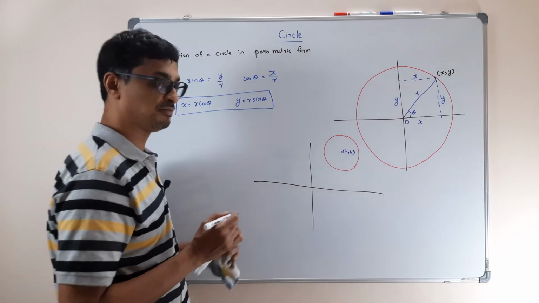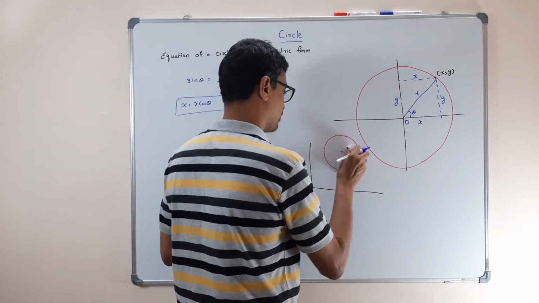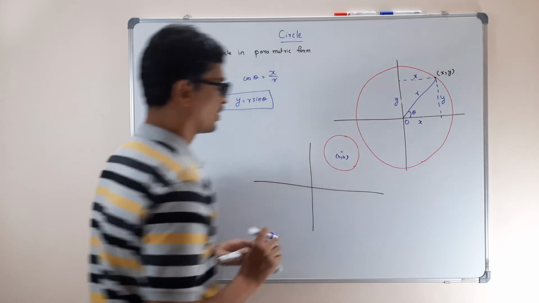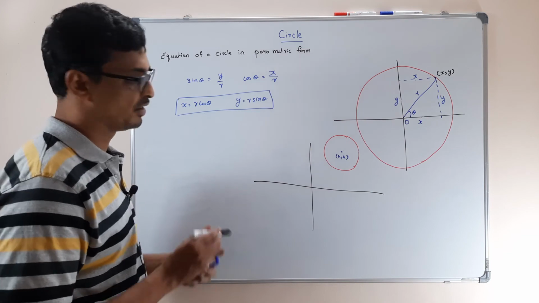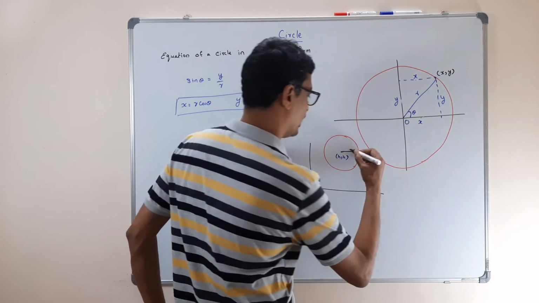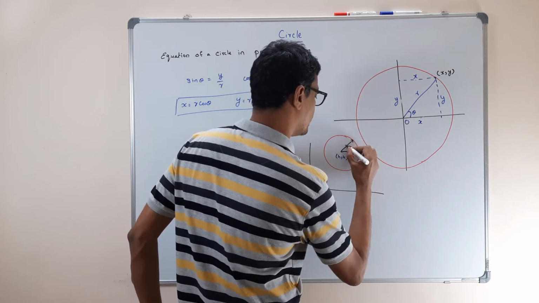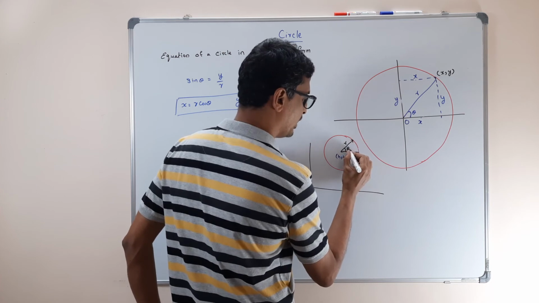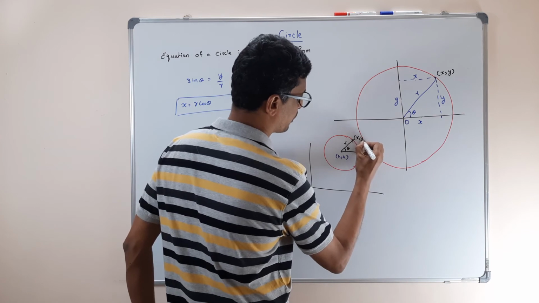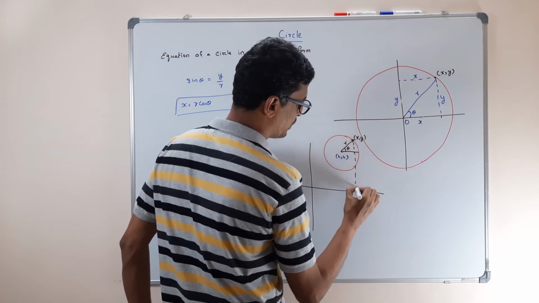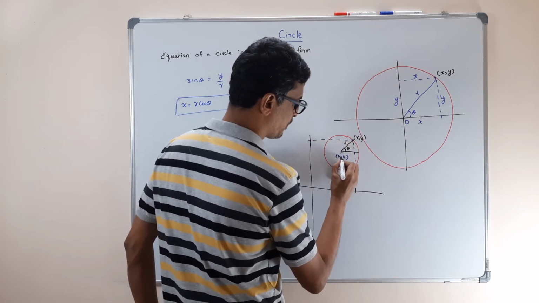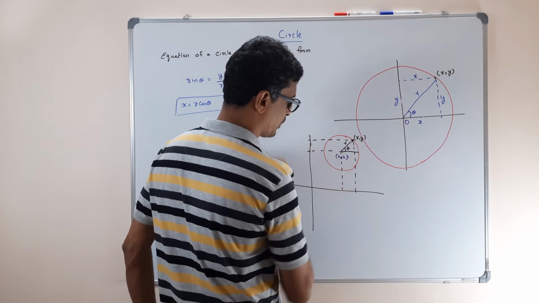So this is h comma k. How will you do it? Draw a line parallel to the x-axis and take this length. So this is r, correct? Let this angle be theta. Let this point be x comma y. What is this length?